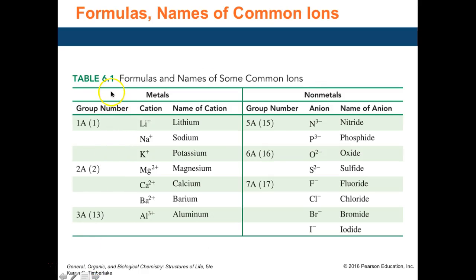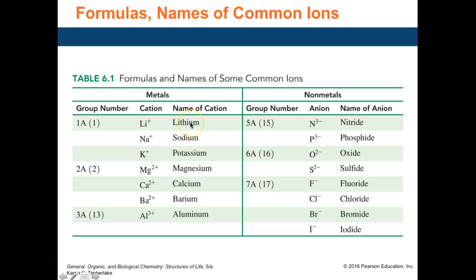So if you look at table 6.1, it gives you a listing of all the metal ions for the various groups. Now, the charge on the metal ion is the same numeric value as the group number. So all group 1, because they lose 1 electron, all have a +1 charge.